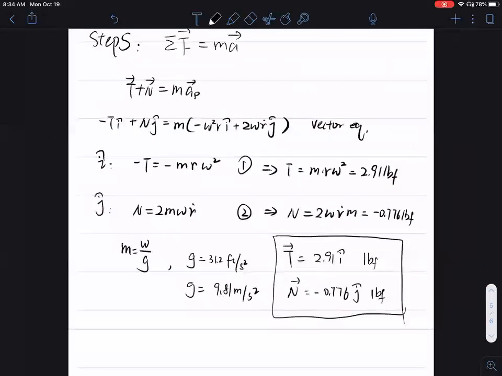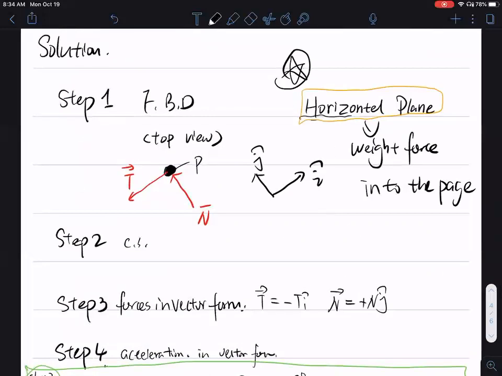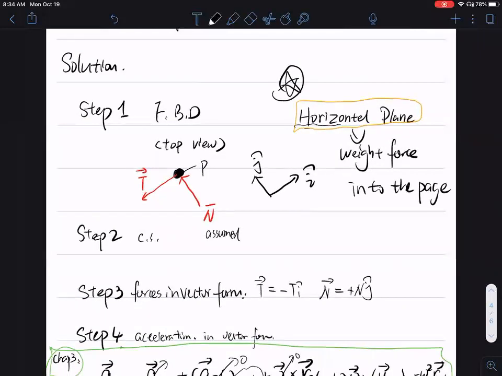Yes, remember from the free body diagram here, we assumed that normal force going up, which means the normal force comes from surface A. So we assume particle P is in contact with surface A. That's why normal force is going up. But the result, our N, is a negative number. That means our assumption here in step 1 is not correct.